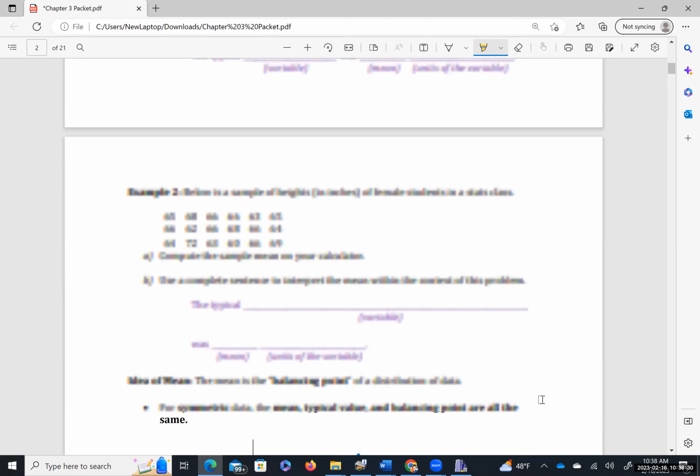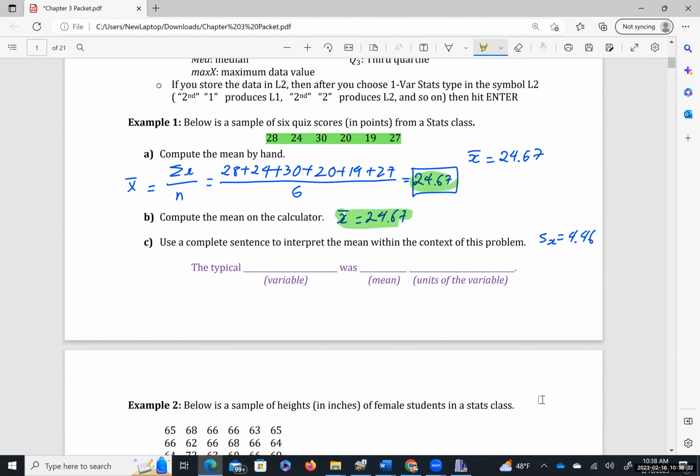So we're done with B, and part C says use a complete sentence to interpret the mean in the context of this problem.